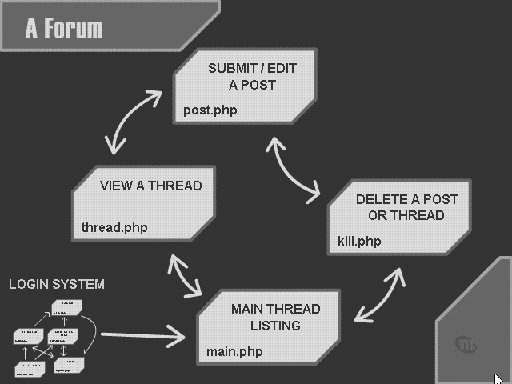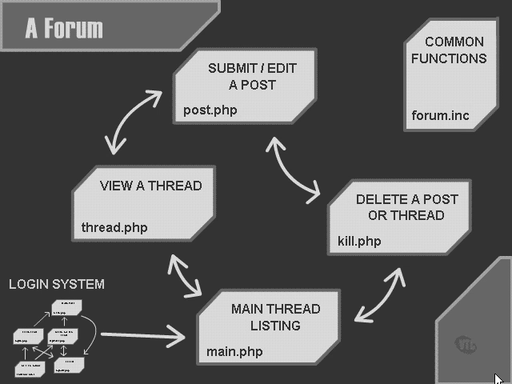within this forum system. We'll also need an include script with which we can store the common functions that we're going to use within the whole of this forum on each page.